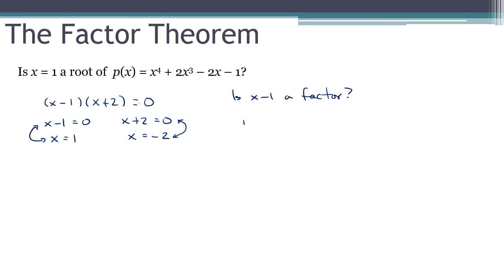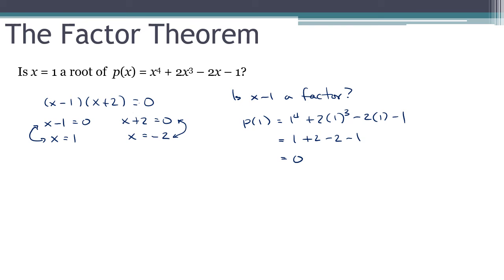All I have to do is calculate p of 1. That's 1 to the 4th plus 2 times 1 to the 3rd minus 2 times 1 minus 1. So let's see, that's 1 plus 2 minus 2 minus 1. And yeah, that's 0. Excellent. x minus 1 is a factor, which means x equals 1 is a root.